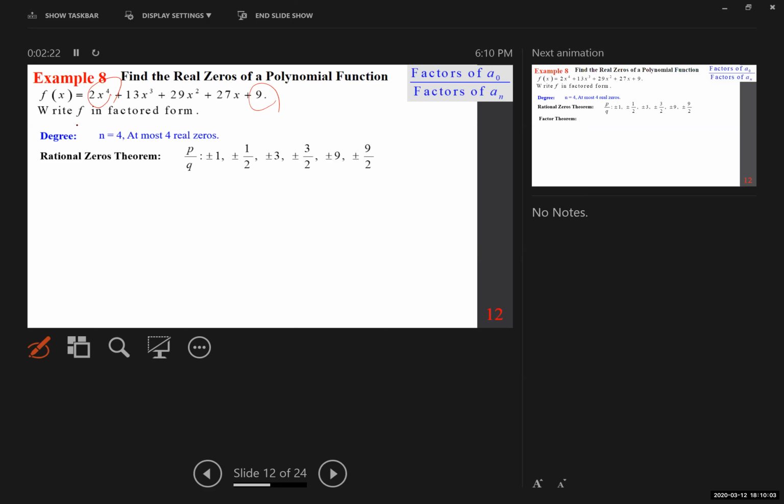Now you are going to divide the previous numbers mentioned over plus minus 1. That gives you the same numbers. And now you're going to divide those numbers by plus minus 2. And that creates plus minus 1/2, plus minus 3/2, and plus minus 9/2. Is everybody okay with that?